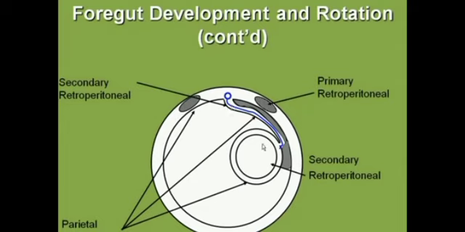Not only is this gut tube in this region secondarily retroperitoneal, but its blood supply is now secondarily retroperitoneal. And we can in fact generalize that concept to say that any organ that is a secondary retroperitoneal organ is an organ whose blood supply will be secondarily retroperitoneal. And similarly, any organ that is a primary retroperitoneal organ will have a blood supply that is primarily retroperitoneal.